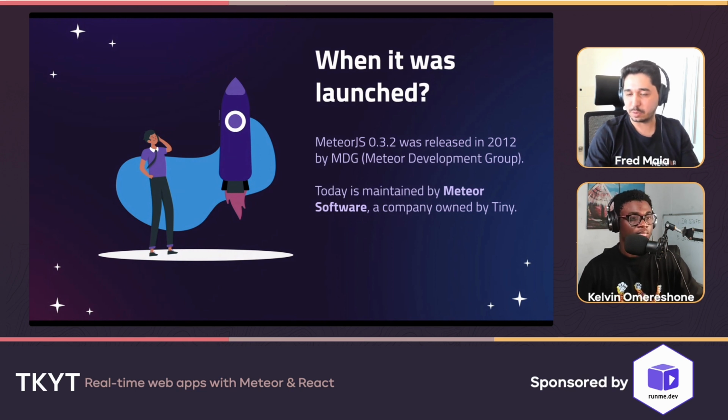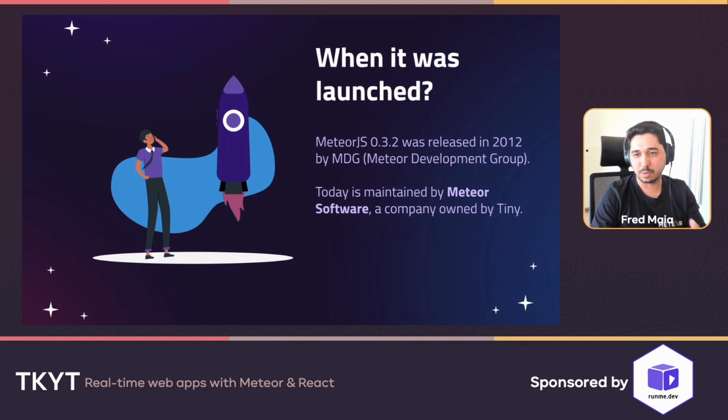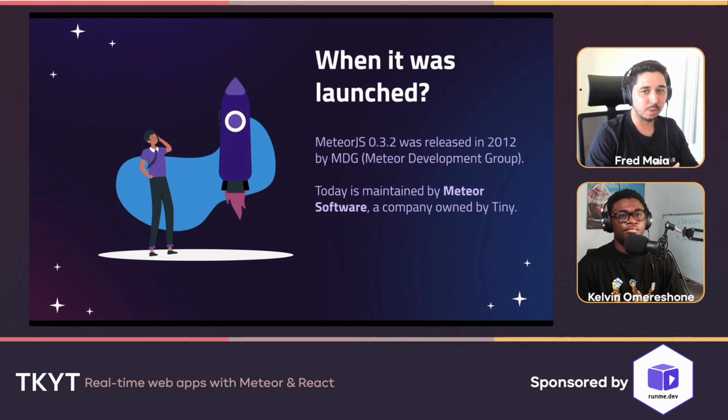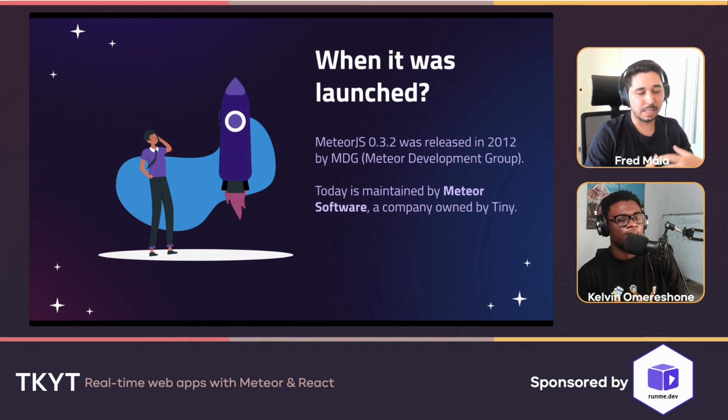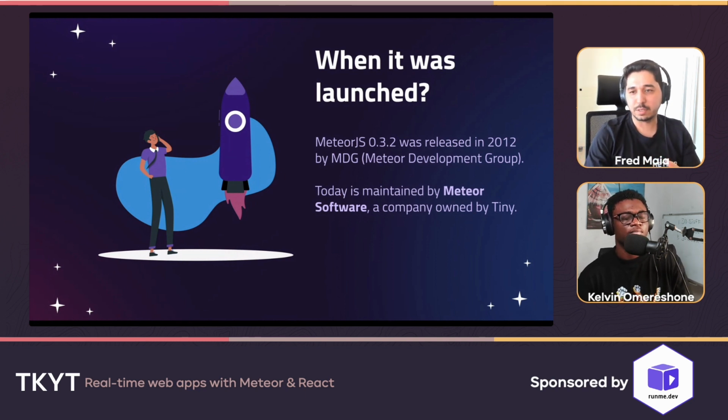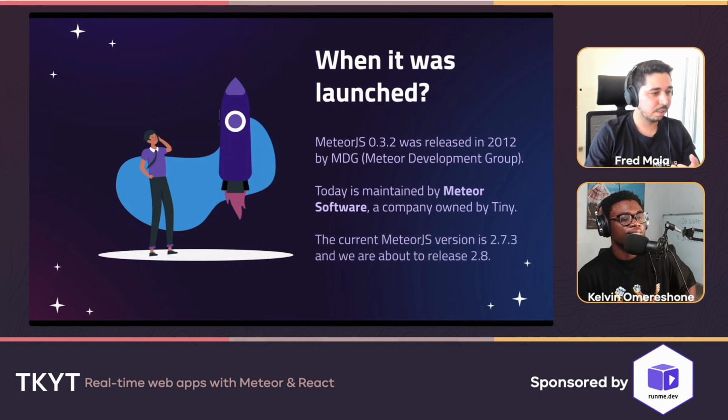If you use GraphQL, you probably know Apollo Client, one of the most famous GraphQL implementations. They switched their business, they switched everything, and started Apollo. Then Tiny bought Meteor and started a whole new company. So that's an interesting part of the story.